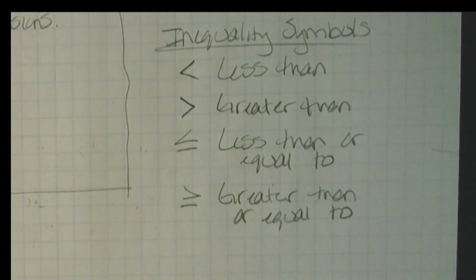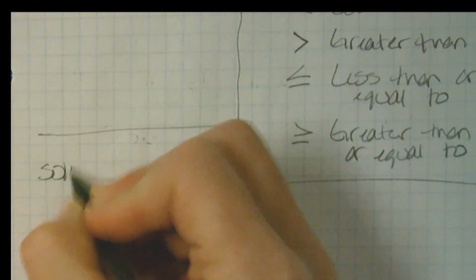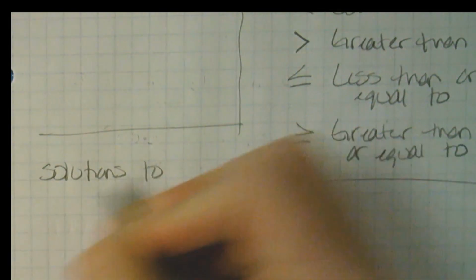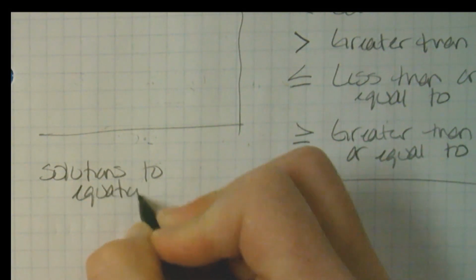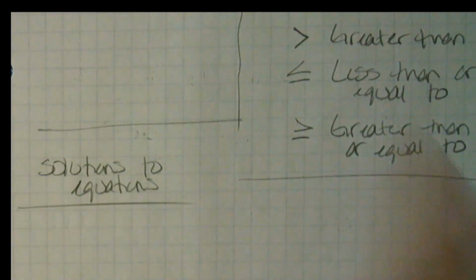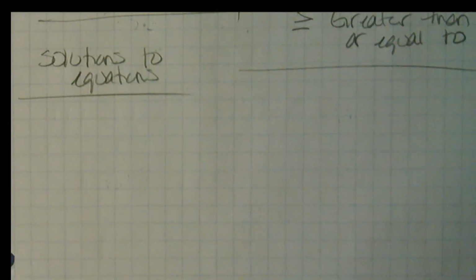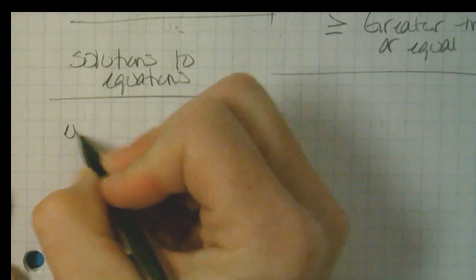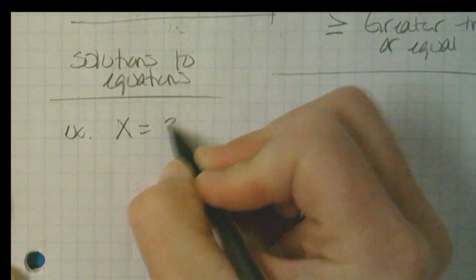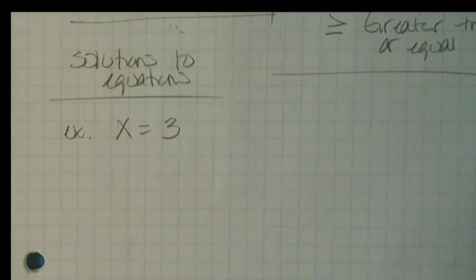Okay. So what I want to talk about are solutions. If we talk about solutions to equations, because I want you guys comparing something you know to something that maybe is new to you, a solution to an equation is going to look like x equals 3.